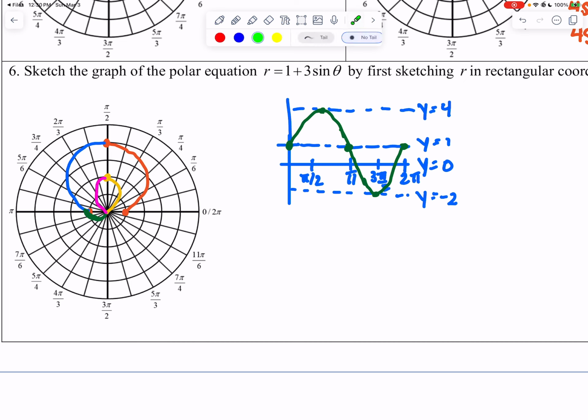And then from that to 2 pi, I'm going back to 1. In this case, because I am above the y-axis now, and this is positive, I know that this is still going to be positive. So that's going to be this right here. So that is your lovely graph.